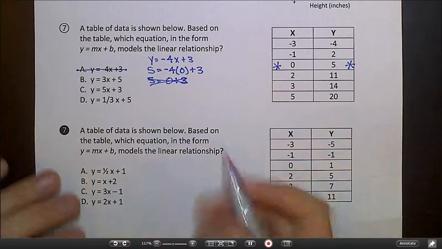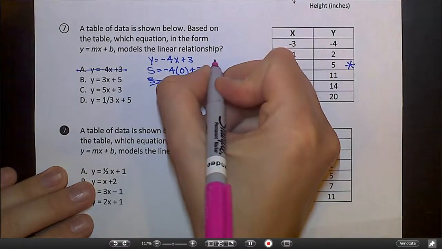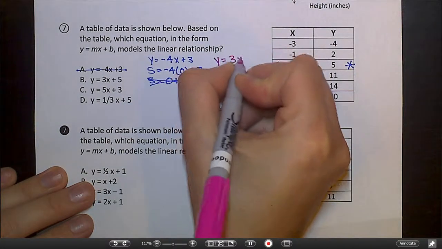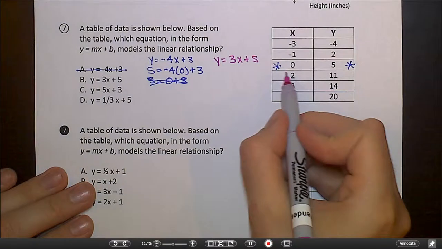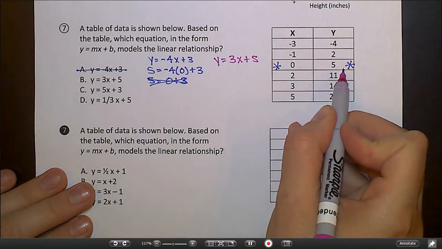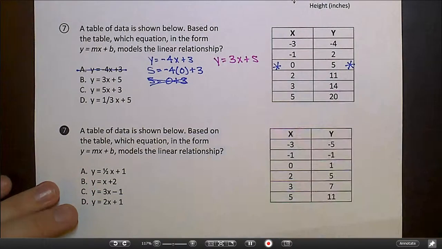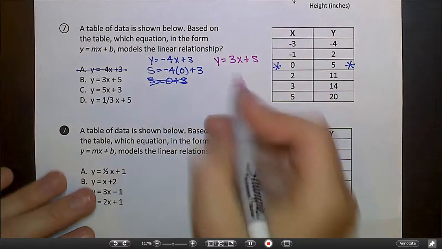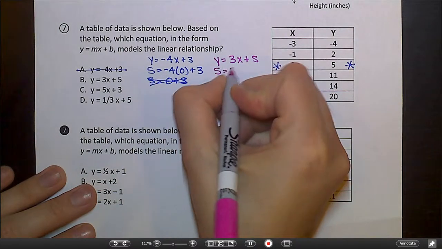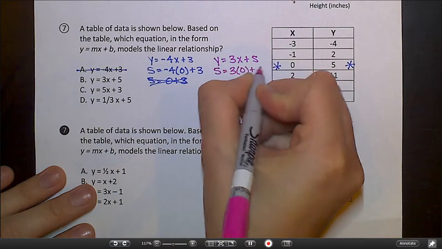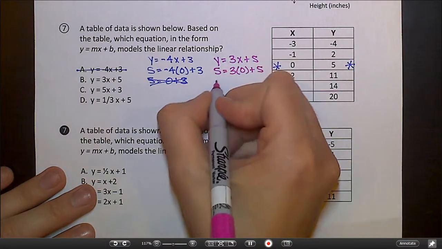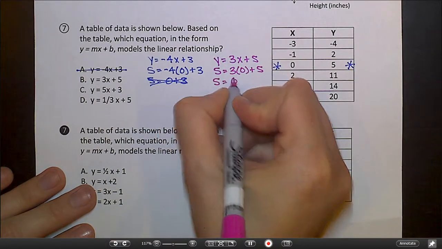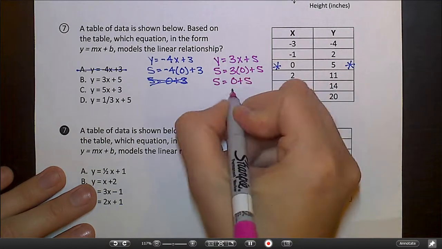Okay, now let's try B. y equals 3x plus 5. I'm still going to start with this one since it's the easiest to plug in. So 5 equals 3 times 0 plus 5. 5 equals 0 plus 5. Well, that one works.